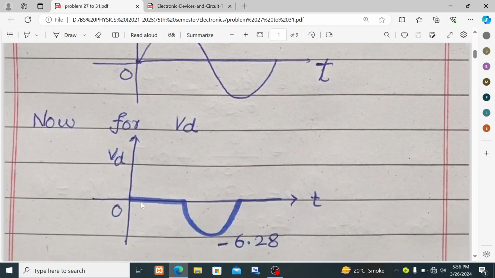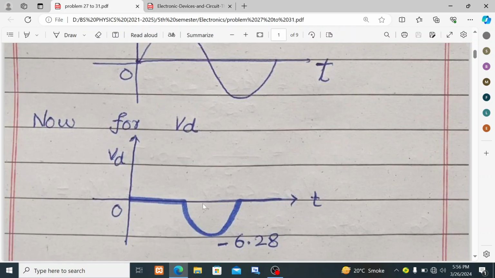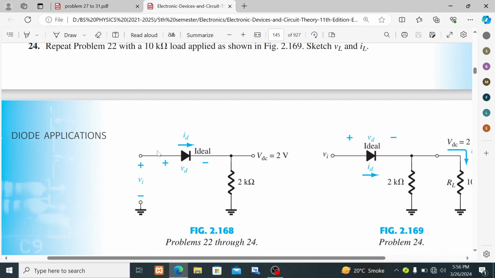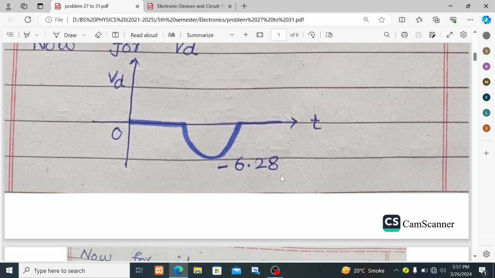So here I plot 0 for the positive cycle, and when there is a negative cycle, the diode will become reverse biased and the voltage drop will be maximum, that will be negative 6.28 volt. It becomes equal to the negative of the input, so this will be negative 6.28 volt.